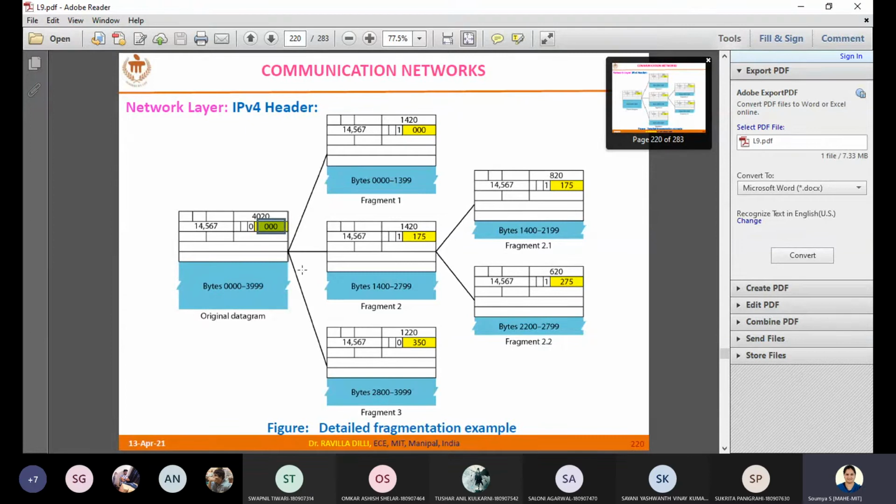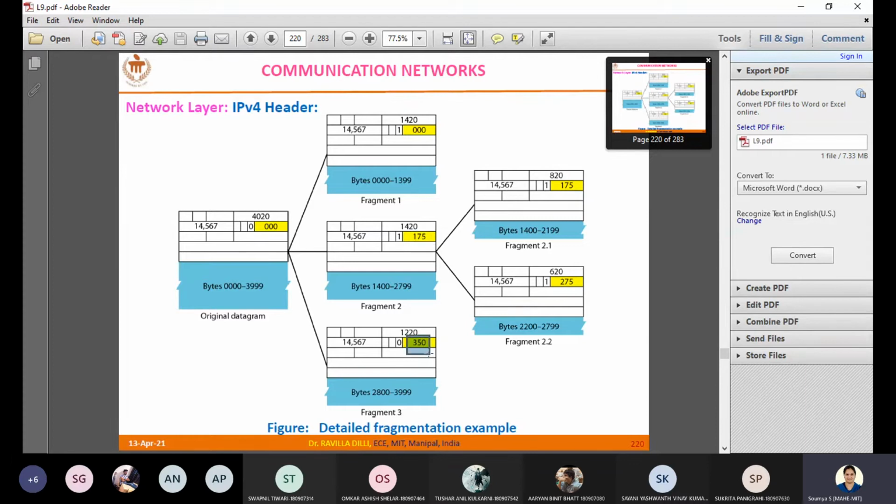So the first fragment, between 0000 and 1399, will all have the fragmentation offset as 000 itself. Next, 1400 to 2799 will have fragmentation offset as 175.